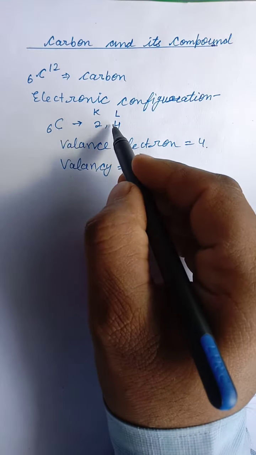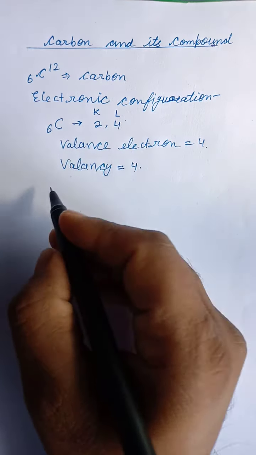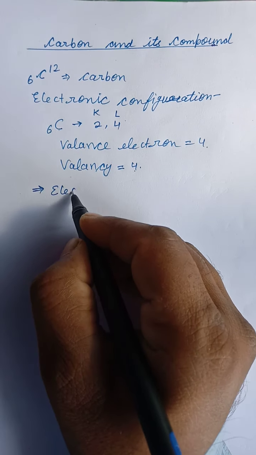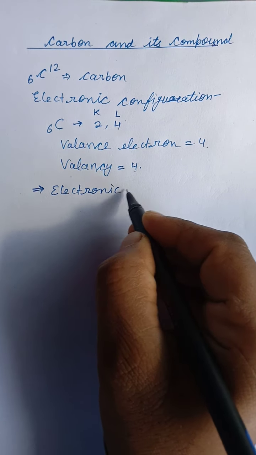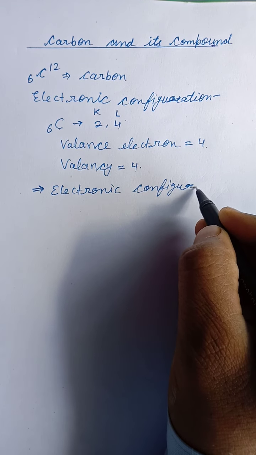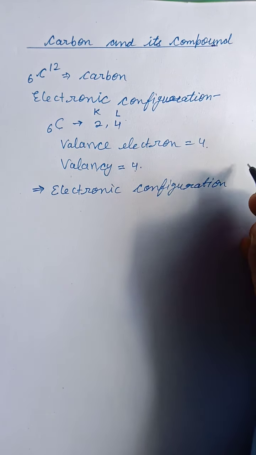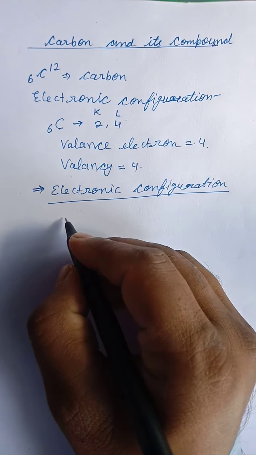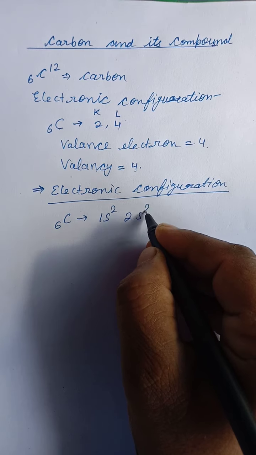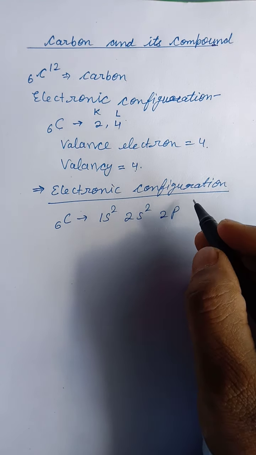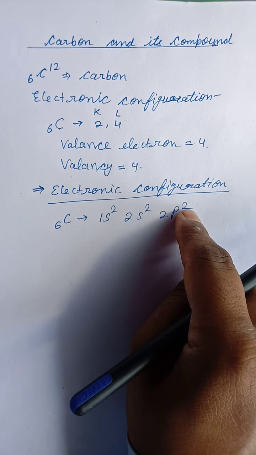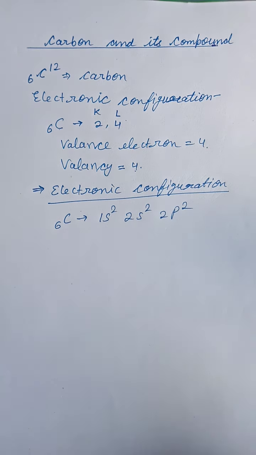This is the electronic configuration on the basis of shell, and the electronic configuration in terms of subshell for carbon 6 is 1s2, 2s2, 2p2, total 2 plus 2 plus 2, 6 electrons.